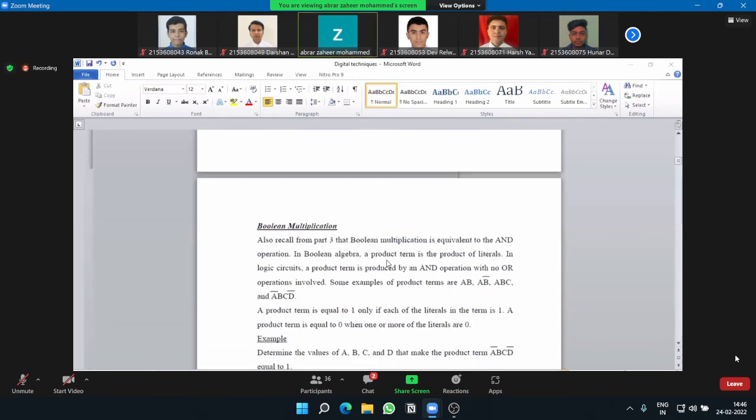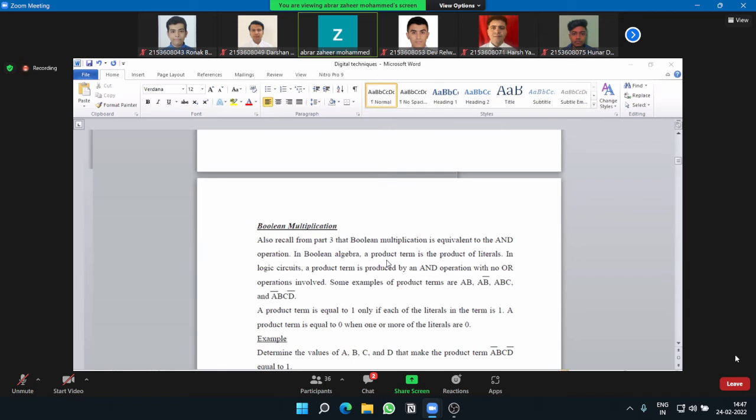Next, we'll see the Boolean multiplication. Boolean multiplication is equivalent to the AND operation. In Boolean algebra, a product term is the product of the literals. In a logic circuit, a product term is produced by an AND operation with no OR operation involved. Some examples of product terms are A dot B, A dot B bar, A dot B dot C, and so on.